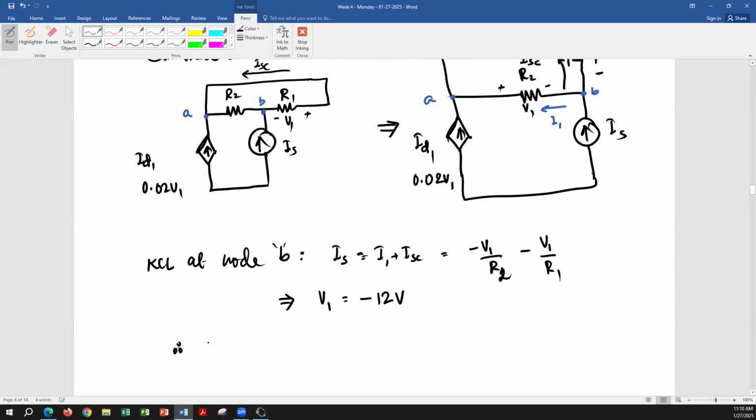Therefore, I short circuit, which is negative V1 over R1, is 6 ampere, sorry.